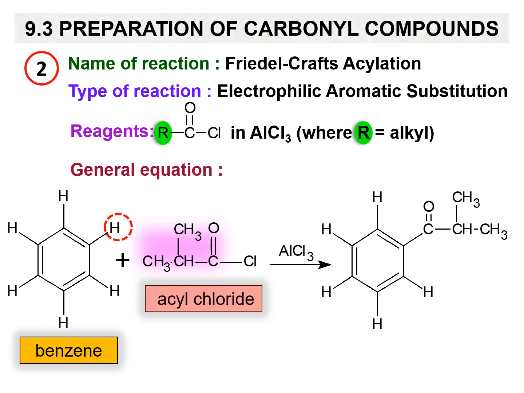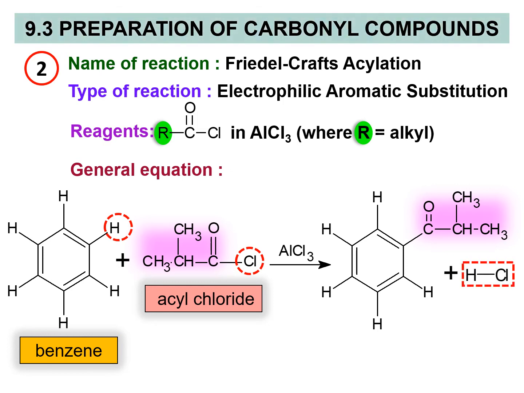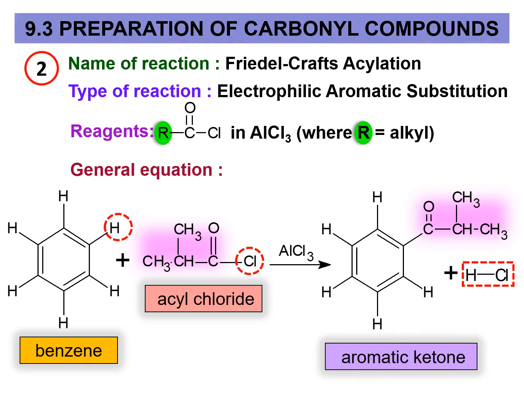And the Cl atom bonded to the acyl chloride will come out with the hydrogen atom from the benzene ring, moving out as a side product of HCl. During this reaction, we will produce an aromatic ketone.